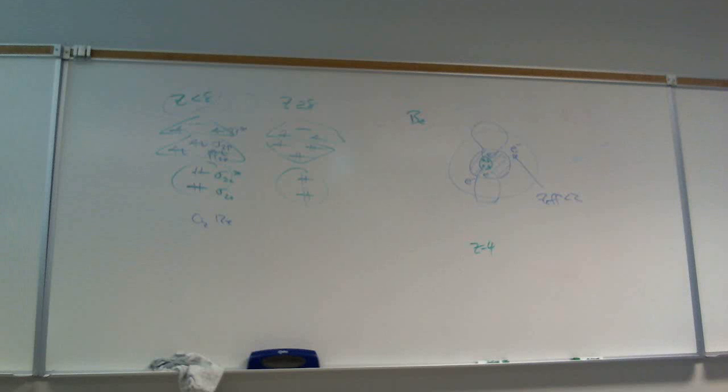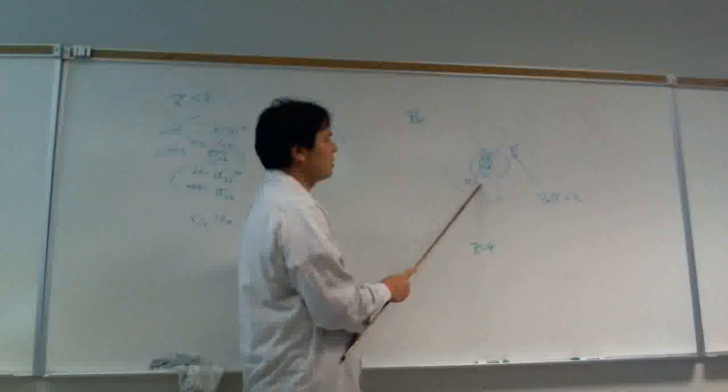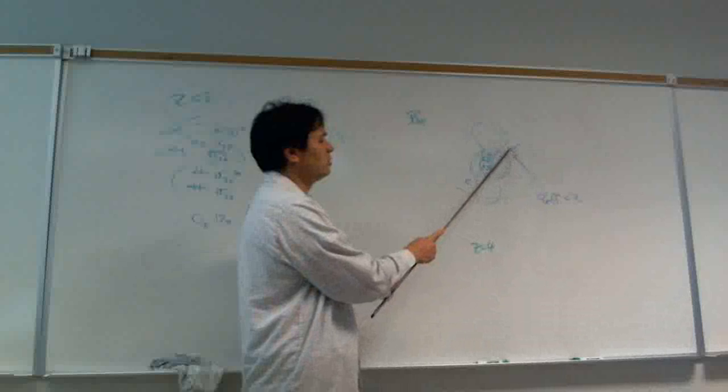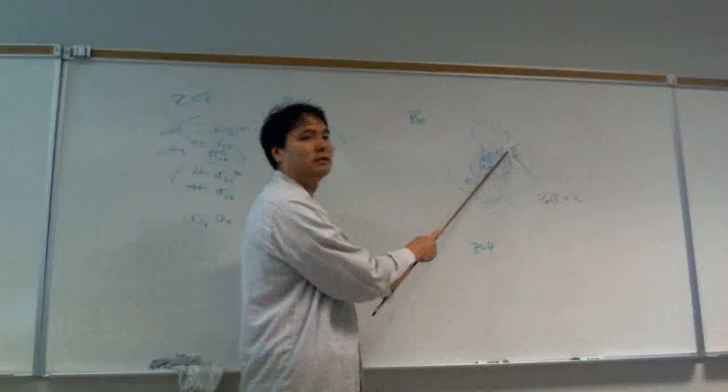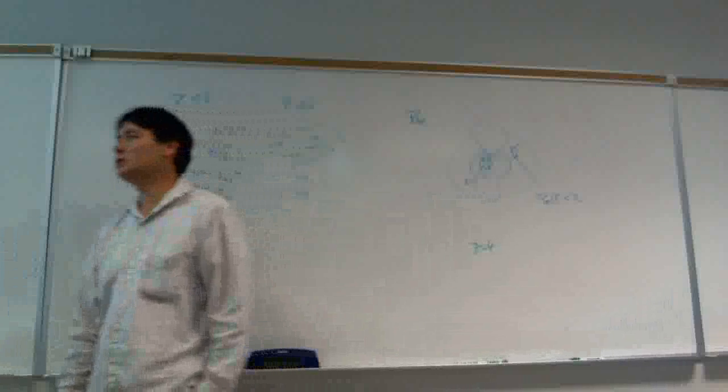When I say the shielding's minimal, it really isn't. It's 35% shielded. And so this electron here, because of having this electron pop in, is going to reduce the charge by 35%. I didn't talk about that because it's more than I wanted to discuss.